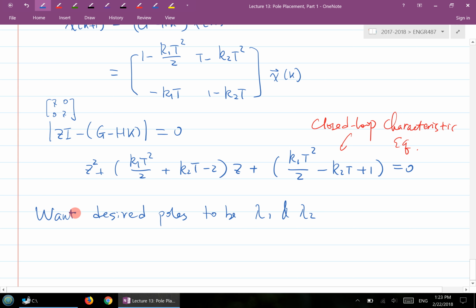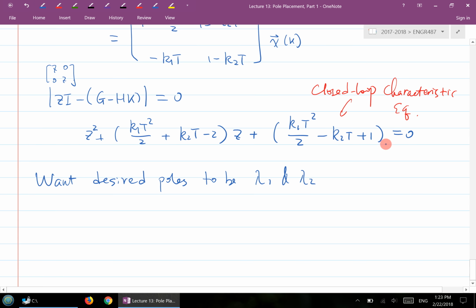Okay. So what does that mean? It basically is you want your desired characteristic equation to be Z minus lambda 1 and Z minus lambda 2 equal to 0. Yeah, that's what you want, your desired closed loop characteristic equation.